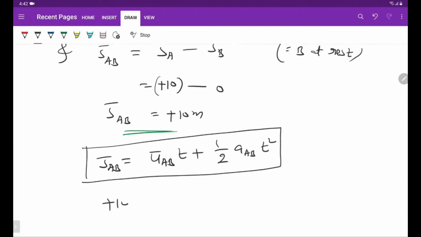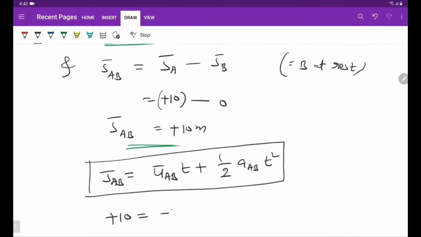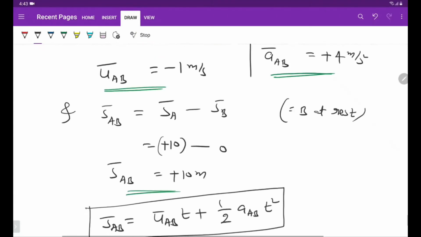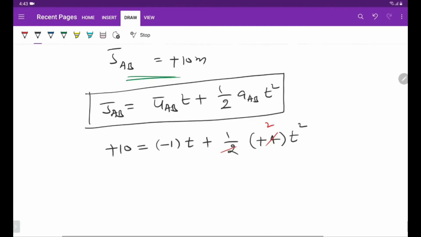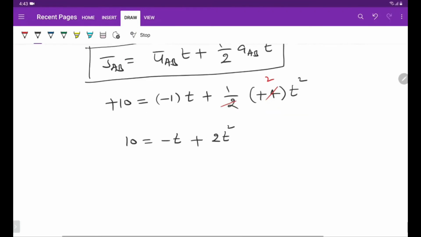So plus 10 is equal to UAB value -1 we got, -1 into t plus half acceleration of A with respect to B, plus 4, t square. Now solve this. Finally 10 is equal to -t plus 2t square. So we get 2t square minus t minus 10 is equal to 0.